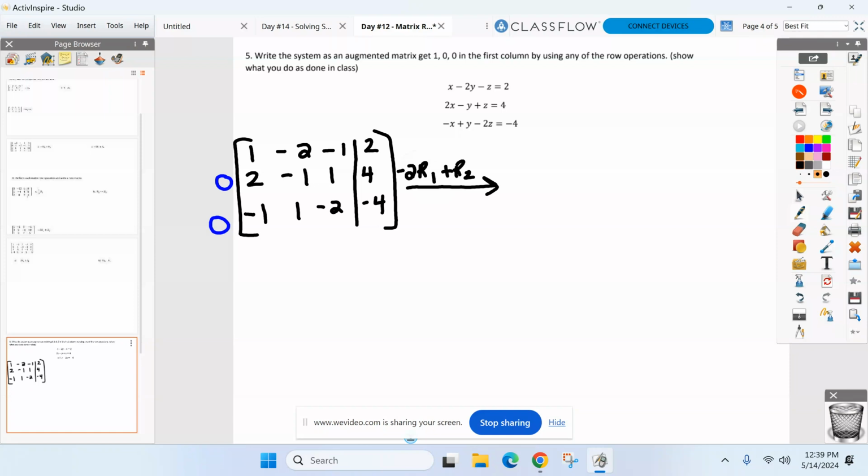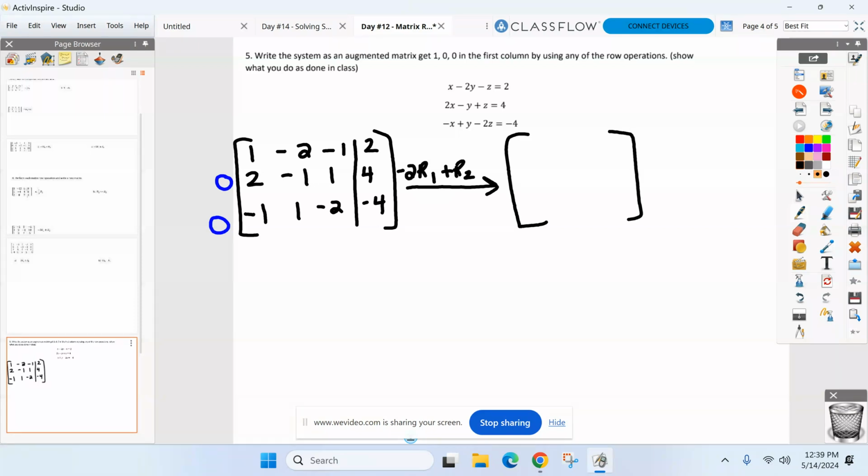Questions here? You have to add -2 to this, correct? And where do you get a -2 from? That 1, by multiplying it by -2. If you multiply row 1 by -2, 1 times -2 is -2, and then you add it to 2.